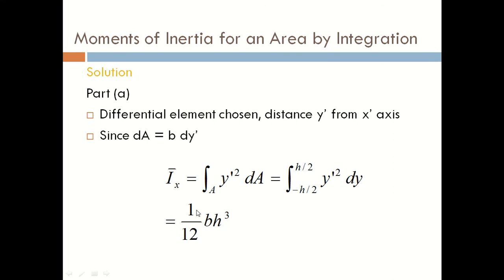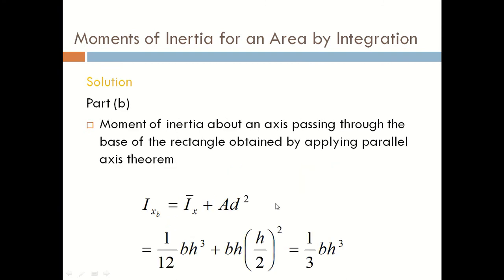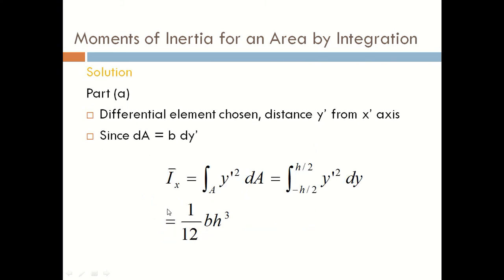Since we have already calculated the moment of inertia about the x axis passing through the centroid, we can find the moment of inertia about the axis passing through the base. So I of xb is equal to the moment of inertia about the axis passing through the centroid plus the product of area and square of the distance between the two. So this is our formula. In that we will substitute the values. I dash x we have already calculated here.